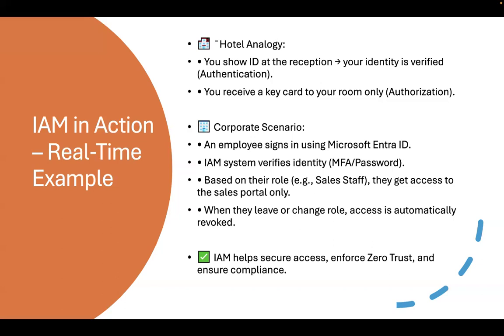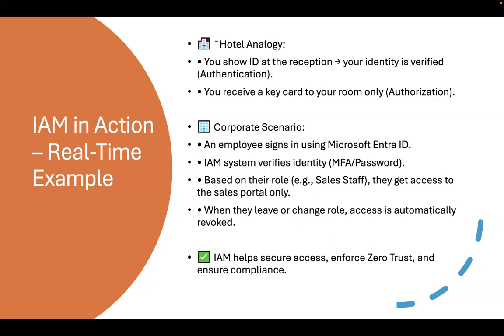That is authorization. Using that key card you can enter only your room. There will be a lot of hotel rooms, but you only get a key to your room. So permissions to the room are given here, which they call authorization. Authentication is the identity check.